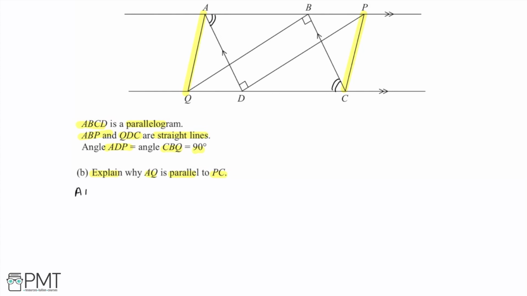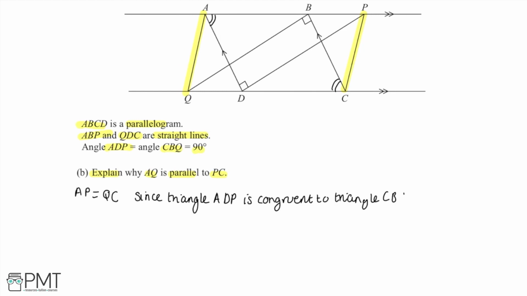I'm going to say that AP is equal to QC, and that is since triangle ABP is congruent to triangle CBQ, and that's what we proved in part A. So now using this, we know that these two sides are equal, and they're two equal parallel sides, which we can therefore take as the opposite sides of a parallelogram.